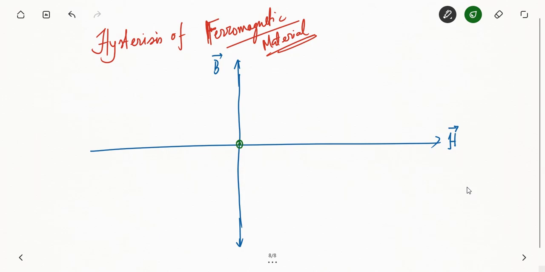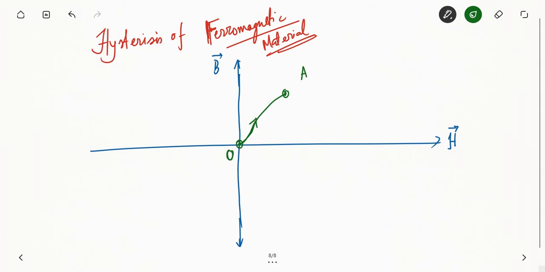B increases until this point, which is called A. The material gets a magnetic field and a magnetic field intensity from the zero point to point A.